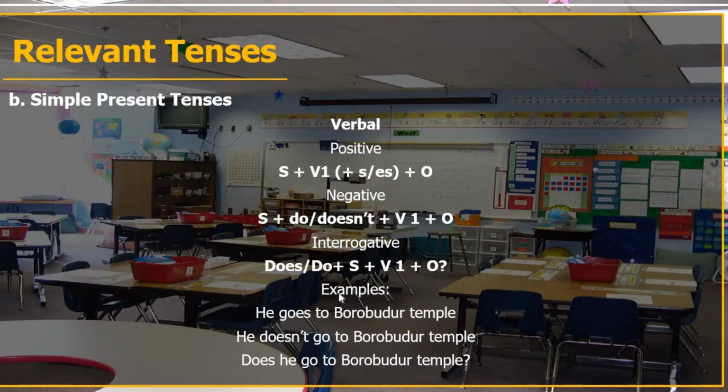And then the interrogative one, do or does plus subject and plus verb one and plus object. For example, in the positive one, he goes to Borobudur temple. And then the negative one is he doesn't go to Borobudur temple. And then the interrogative one, does he go to Borobudur temple?